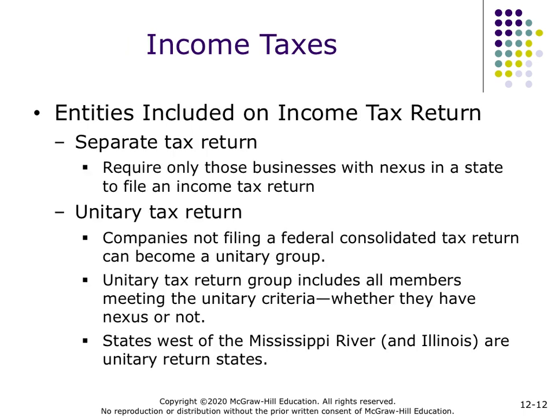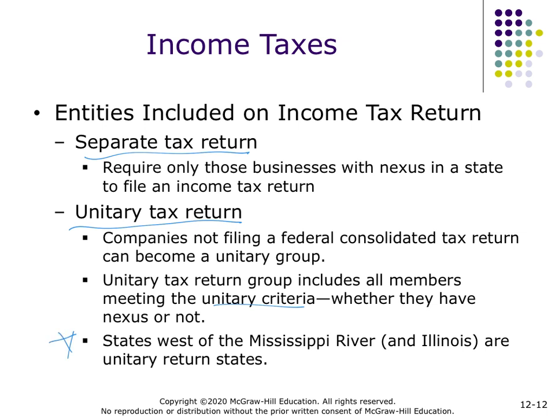All right, two basic ways that corporations can function. They can function filing separate tax returns, so only businesses with nexus in a state have to file an income tax return, or they can be a unitary tax return state. So they can become a unitary group, which means all members meeting this criteria file whether they have nexus or not.